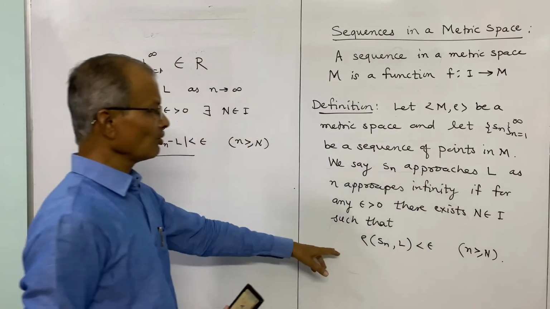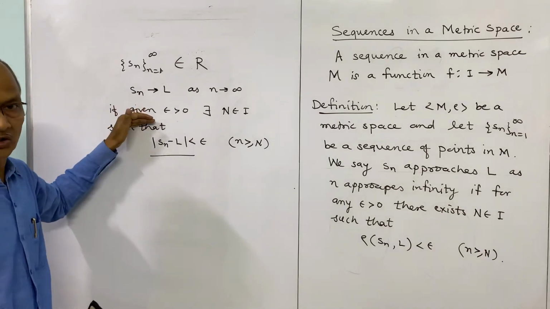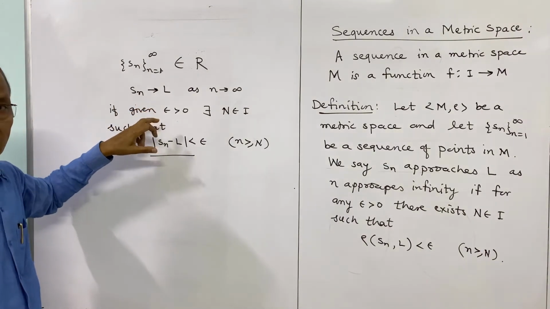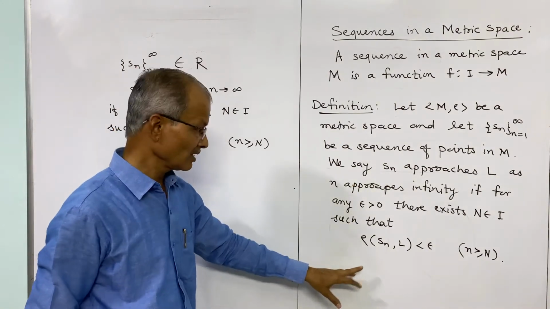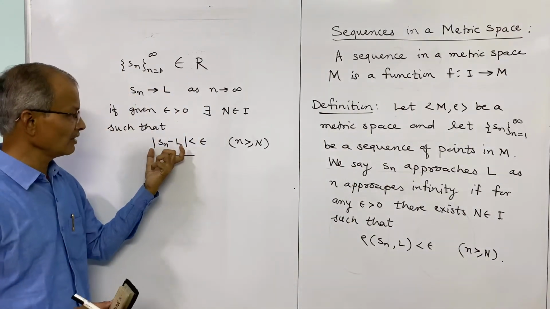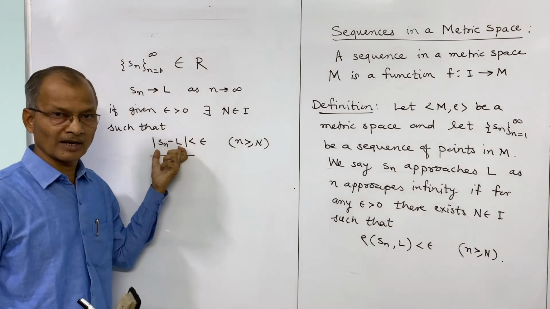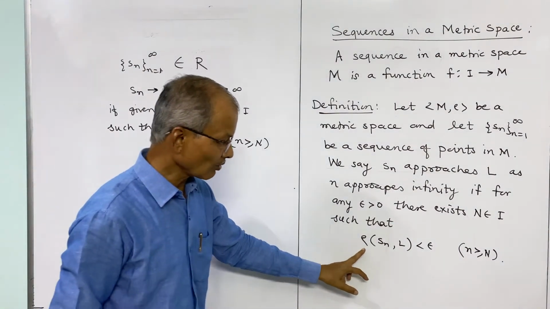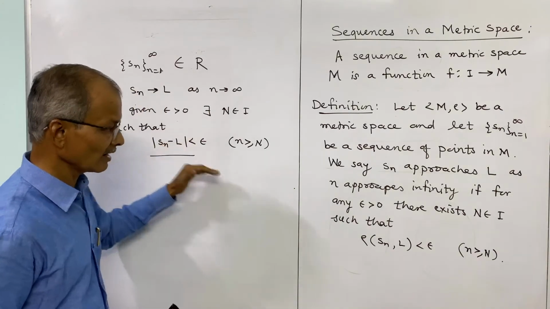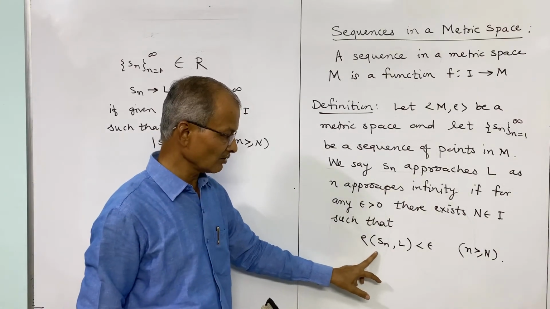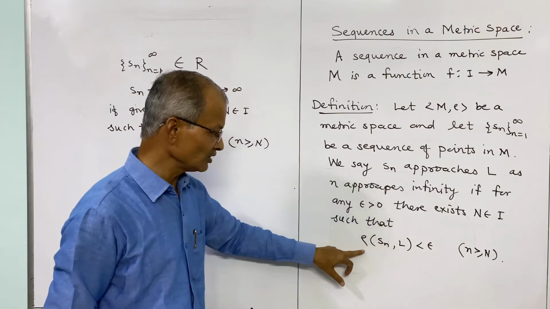So this is the only difference between the earlier definition of limit of a sequence of real numbers and the limit of a sequence in metric space. In place of the absolute difference of Sn and L, we have written rho of Sn and L. Both have the same meaning, the distance between Sn and L, and that distance here is denoted by rho. So the only change is this rho.